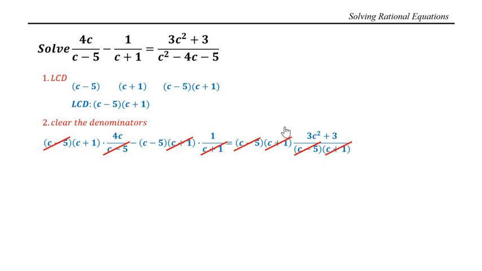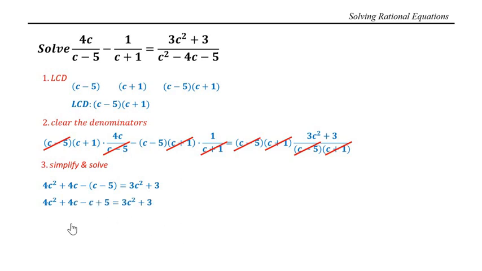That looked like a lot, but when you cancel it all out and simplify and solve, we're left with 4c squared plus 4c minus c minus 5 is equal to 3c squared plus 3. If we simplify that one step further, we get rid of this parentheses here, just so it is easier to work with.